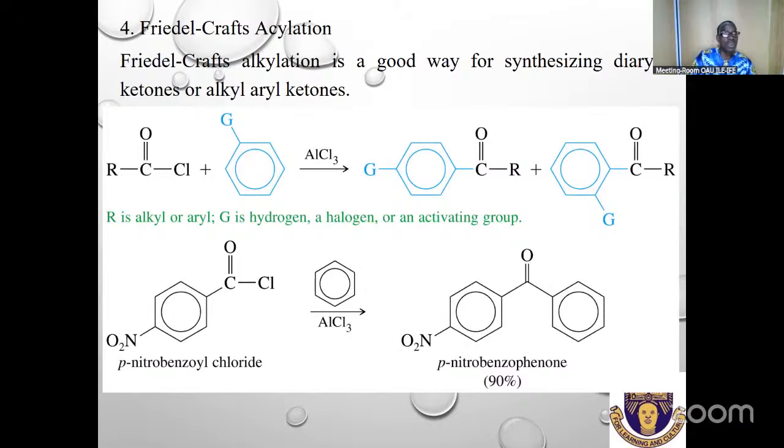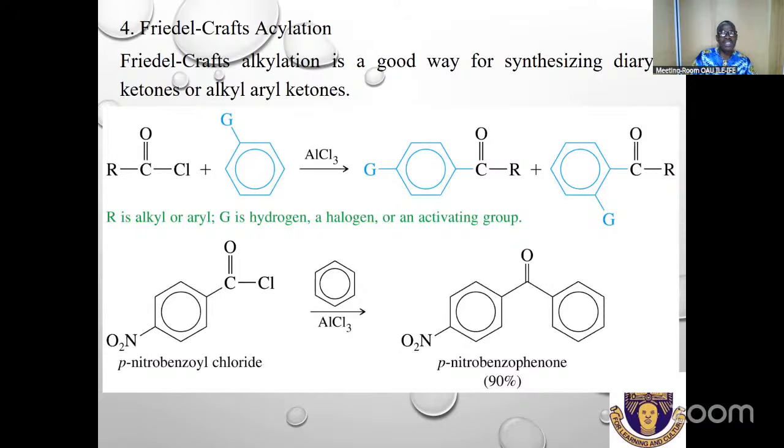All right, so let's look at the fourth method of preparing a carbonyl compound, whether aldehyde or ketone. The fourth one I said is Friedel-Crafts acylation.